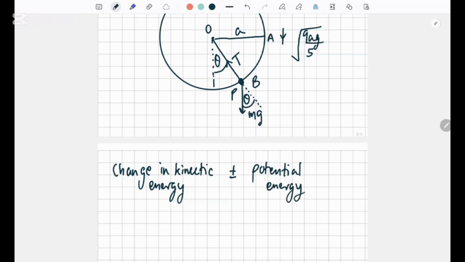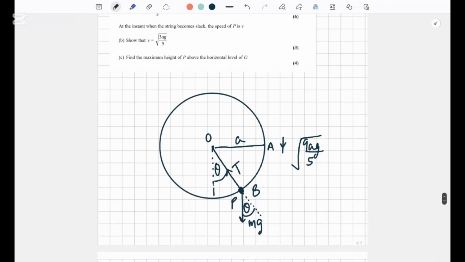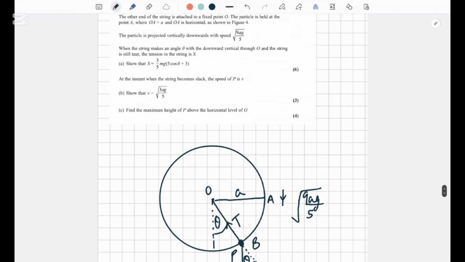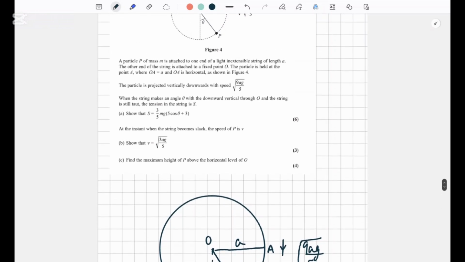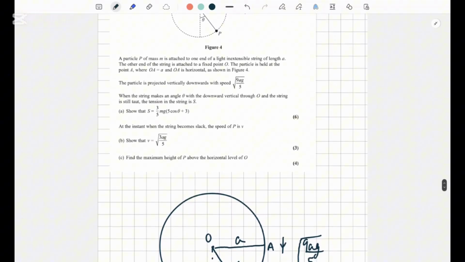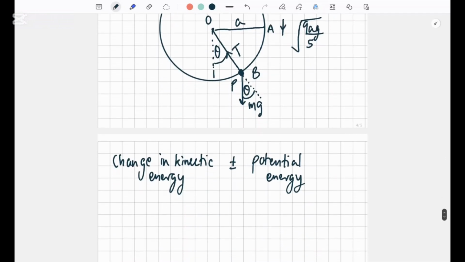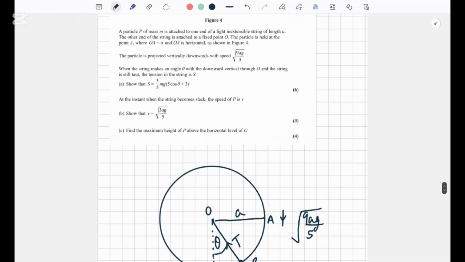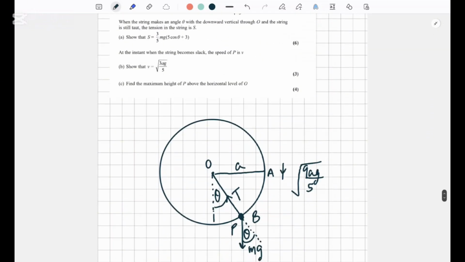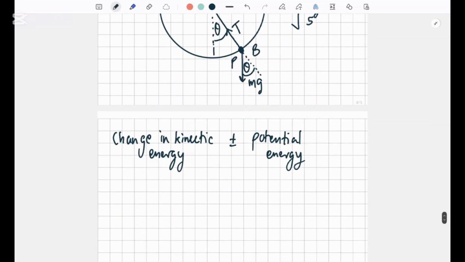Kinetic energy and potential energy are the only two energies acting in this question. We don't have friction or any sort of resistance, and we don't even have elastic potential energy, because they say the string is inextensible, so it remains fixed, so this equals 0. This is the formula we're going to use.